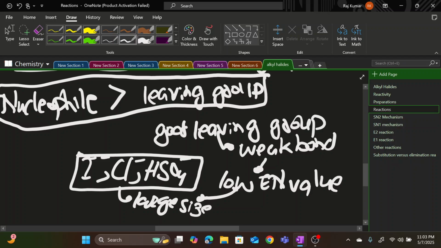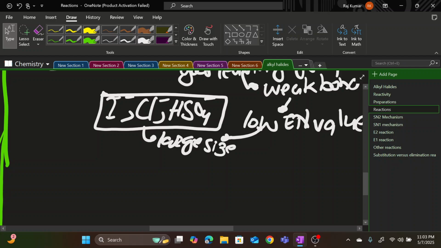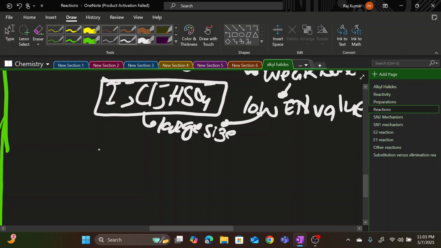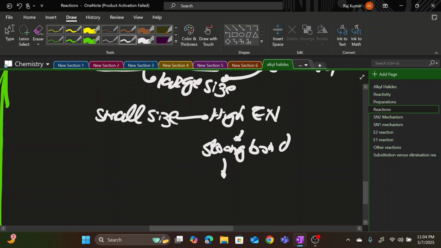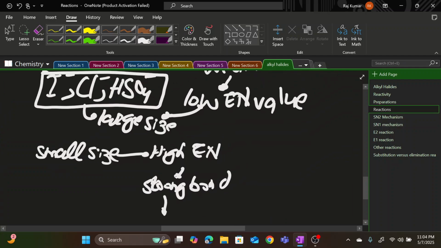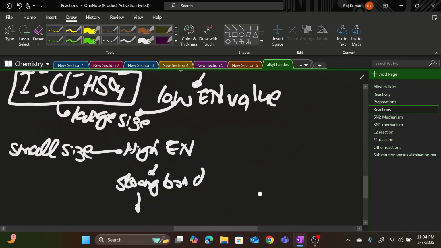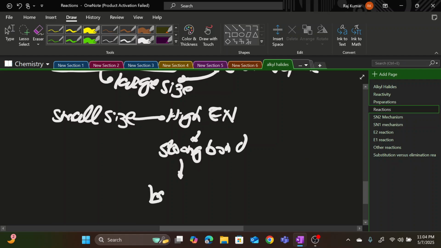While small atoms or ions have high electronegativity, so they form a strong bond with carbon and do not leave easily. For that reason, we call them bad leaving groups.